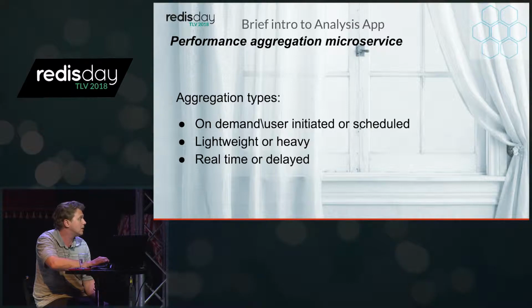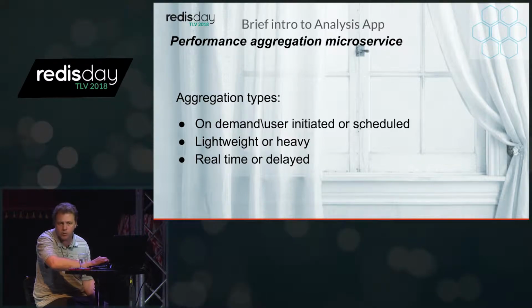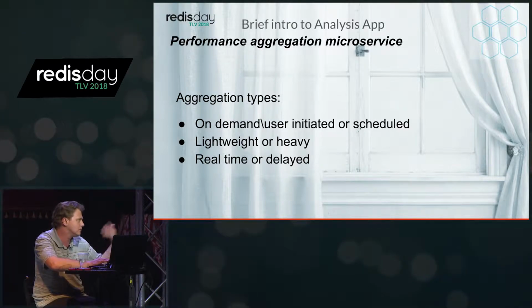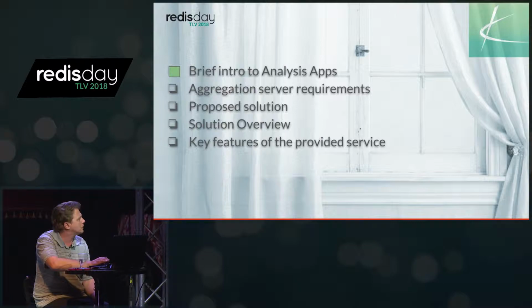And aggregation can be real time or delayed. Real time in case of user aggregation. Of course, we wouldn't like our users to wait for aggregation. In some cases, we would like to have delayed aggregation. I will go into it later. So that's the brief intro into the analysis application.